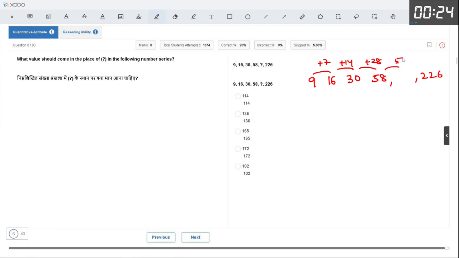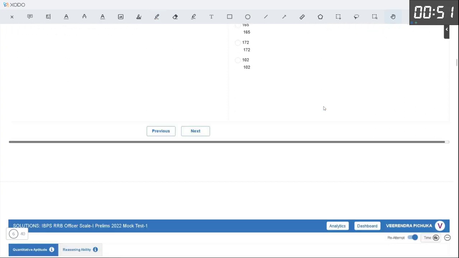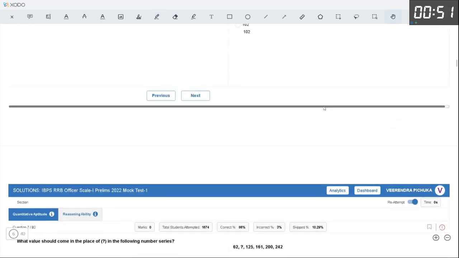So here 56, and 56 means 114 here, then 112 to 226. Got it? You can also do it like times 2 minus 2, times 2 minus 2, times 2 minus 2, you can do the same like that. Another question.